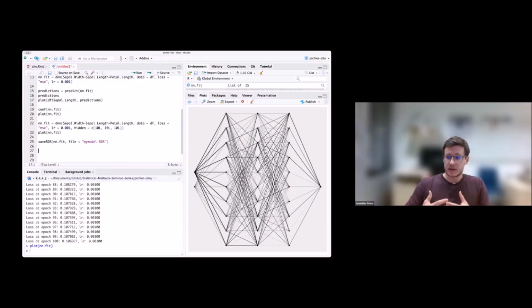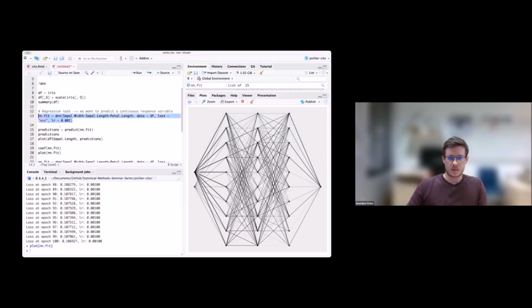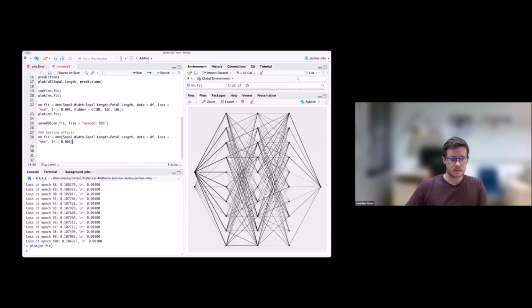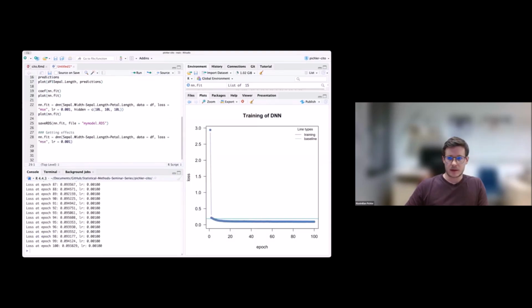When we have fitted our neural network, I showed you that we also want to understand how our neural network is making the predictions, or we just want to get out these effects, so to understand what are the best predictive patterns. Let's fit this model from here again. And additionally, I will now also fit a linear model just to compare the effects.